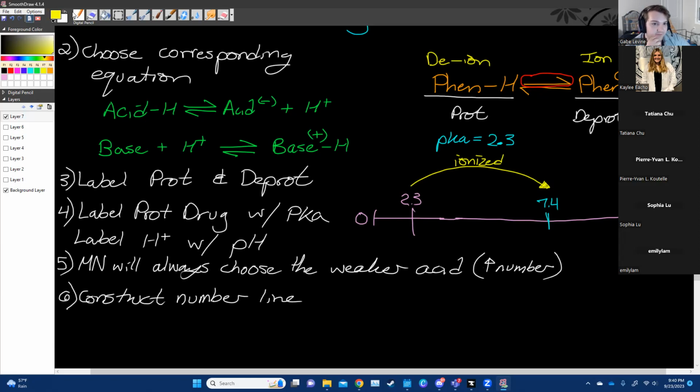Mother Nature told us. So I can put that in red just so we can see how that came about. Now we're going to move up the number line by 1 pH at a time. So we have 3.3, then we have 4.3, and then we have 5.3.